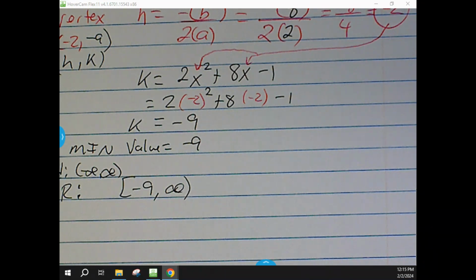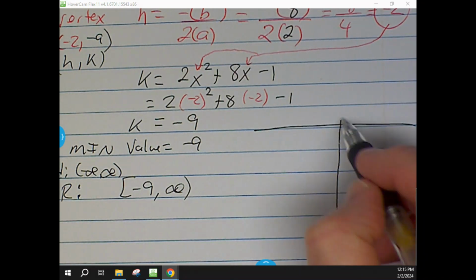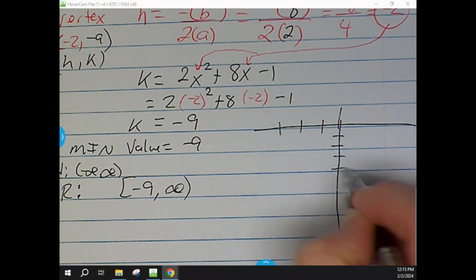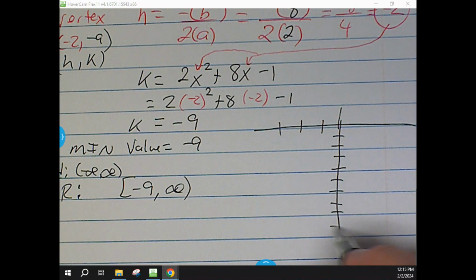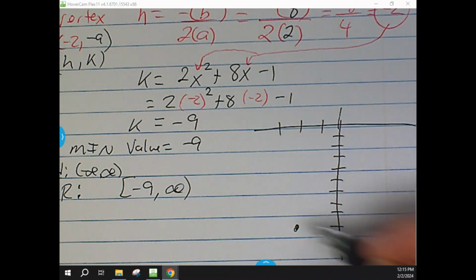Okay, and we're going to put a sketch of the graph over here. All right, so we need to go negative 2, negative 9. Okay, so negative 2, negative 9 would put us right about there.